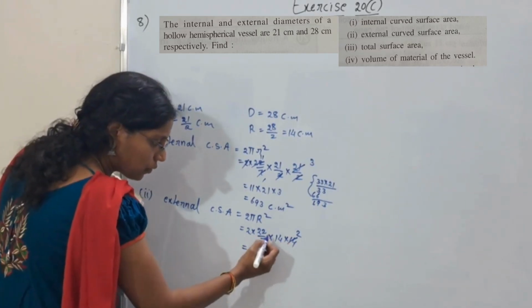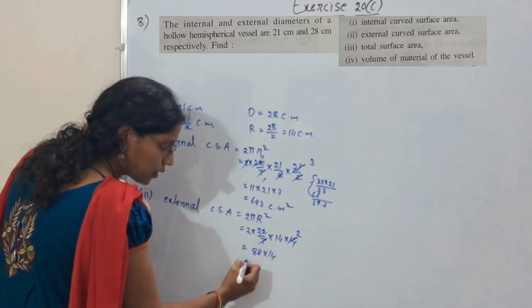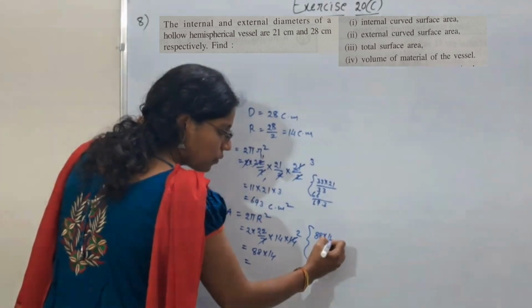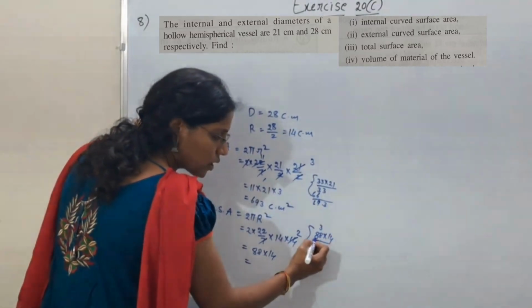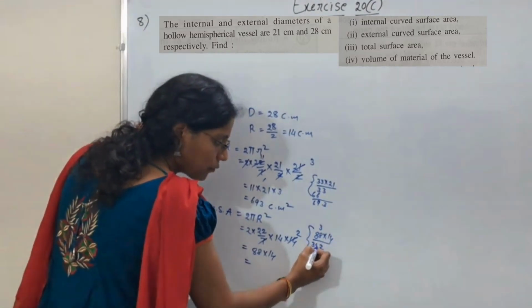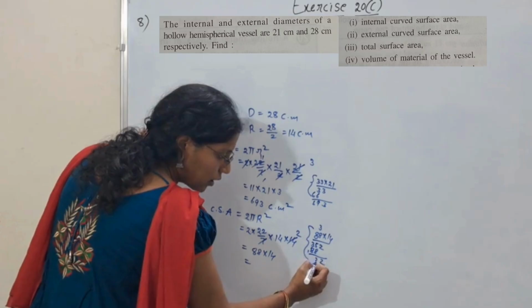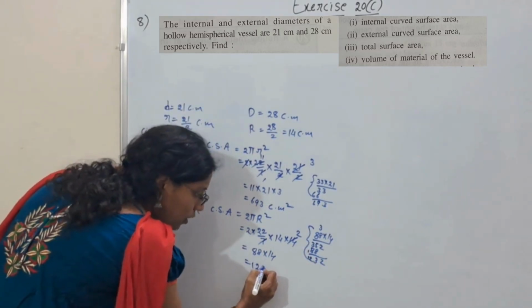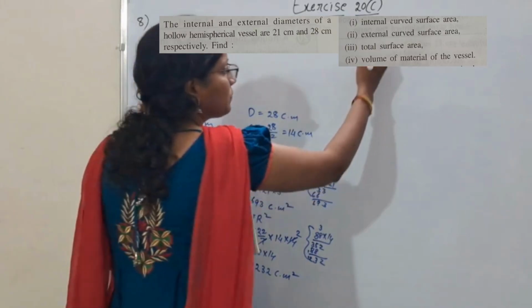Here 2 twos are 4. 4 twos are 88 into 14. 88 into 14. 4 eights are 32. Here 88, here 1232 centimeter square.